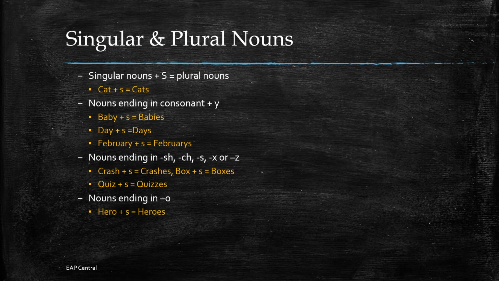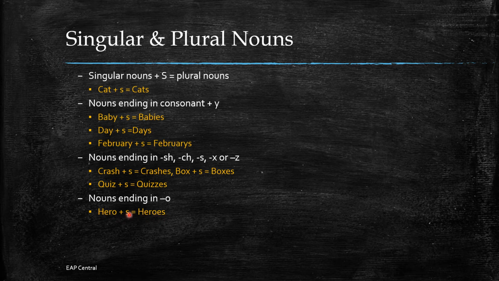Sometimes a noun ends in o. Usually, for nouns that end in o and have a consonant before the o, when we add s, it is written as es, like heroes here.